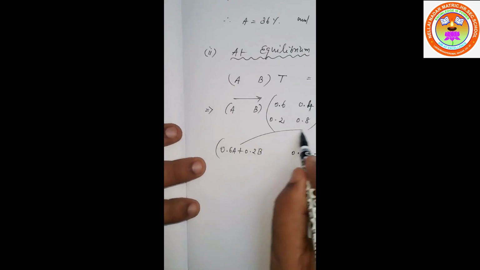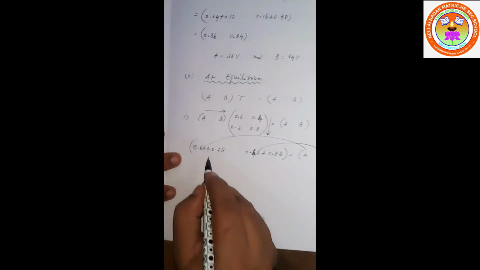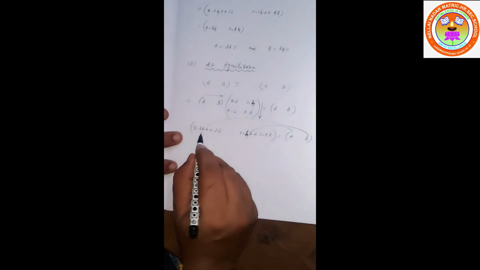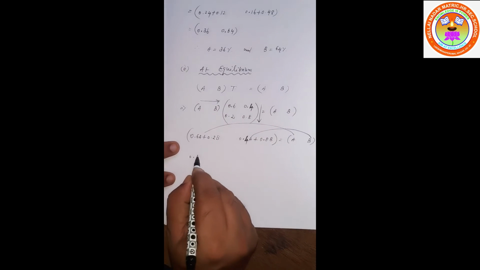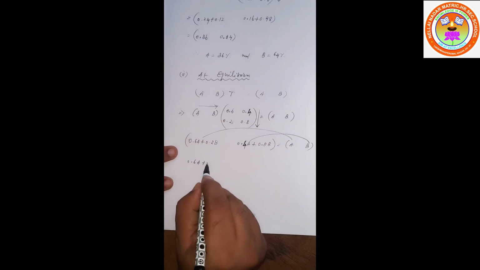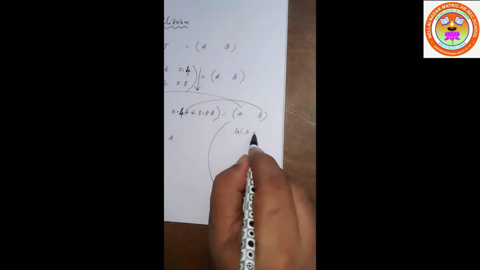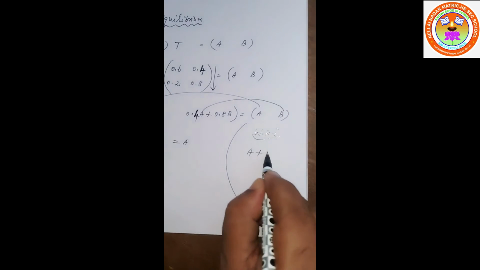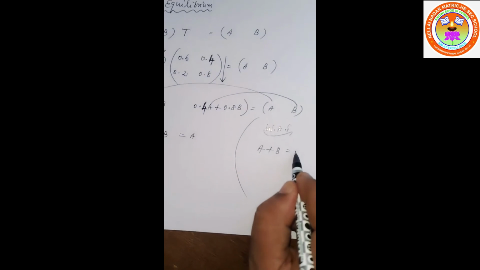Now first equals first, second equals second. I consider first equals first; you can consider any one of them. 0.6A plus 0.2B is equal to A. We know that A and B together equal 100%, 100 by 100 equals 1.